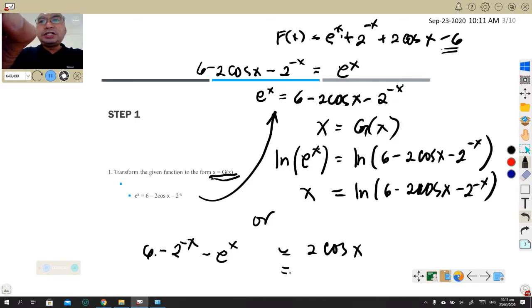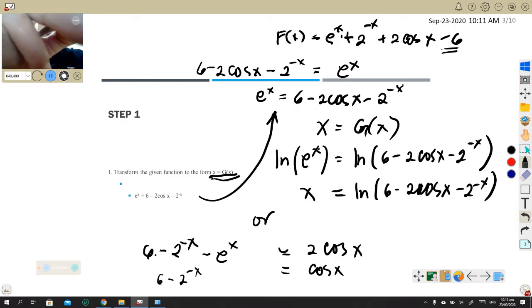We can further simplify this: cosine x equals 6 minus 2 raised to negative x minus e raised to x, all over 2.